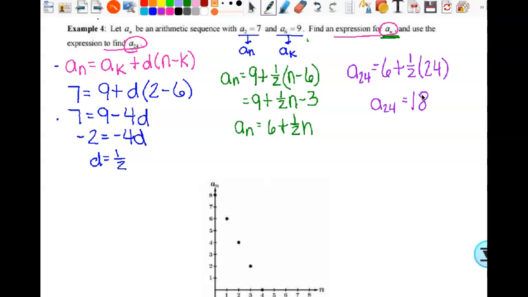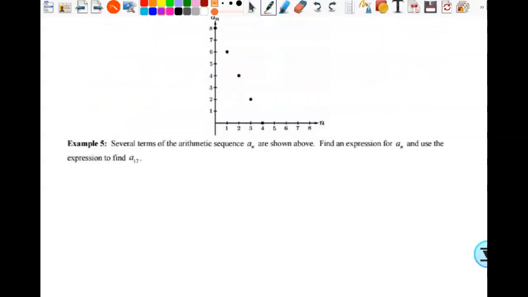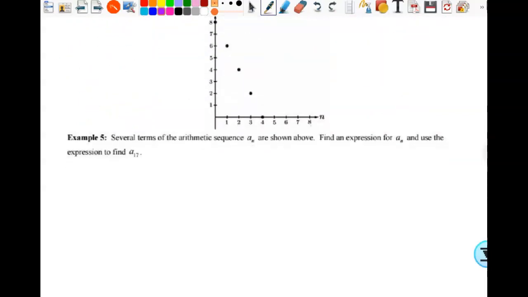Okay, good deal. So let's look at this one. It says several terms of the arithmetic sequence a sub n are shown above. Once again, we want to find an expression for a sub n and then use it to find a sub 17. Now on this one, do you know your initial term? You do.